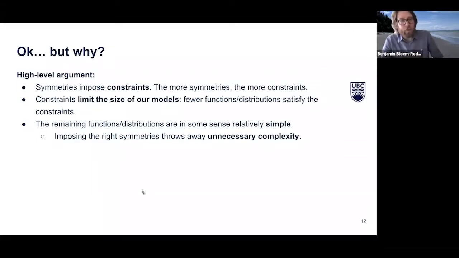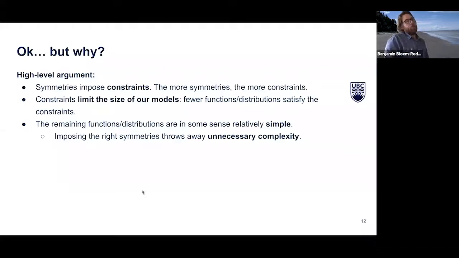Okay, so the size of our models is limited, and it also turns out that in some sense, what's left, the functions or distributions that actually do satisfy all the constraints imposed by symmetry, are relatively simple. We can make this precise in certain examples, but at a high level, the functions or distributions that satisfy these symmetry constraints are simple.